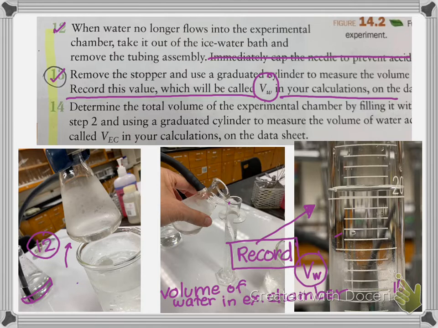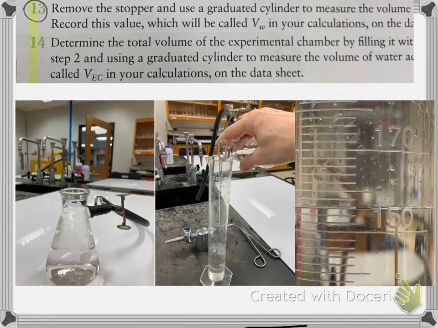Then step 14, which the pictures are in the next one, it says determine the total volume of the experimental chamber by filling it to the line and then using a graduated cylinder, and this is VEC. Okay, I had it two places, so that's good. So step 14, determine the total volume of the experimental chamber by filling it with water. Here's a picture, and I filled it up to the mark.